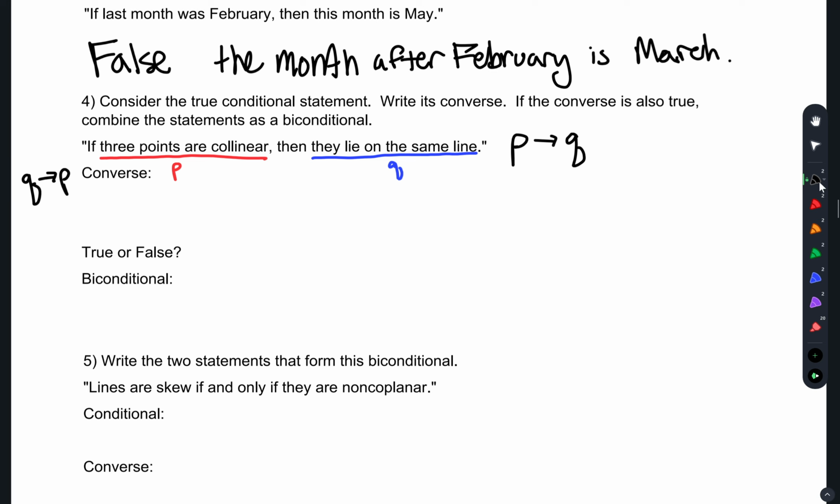So I'm going to use if. And now here's where we've got to get a little specific. If I start my sentence very vague, then I'm not going to understand what the rest of the sentence means. So instead of just saying, if they lie on the same line, I should really be writing, if 3 points lie on the same line.